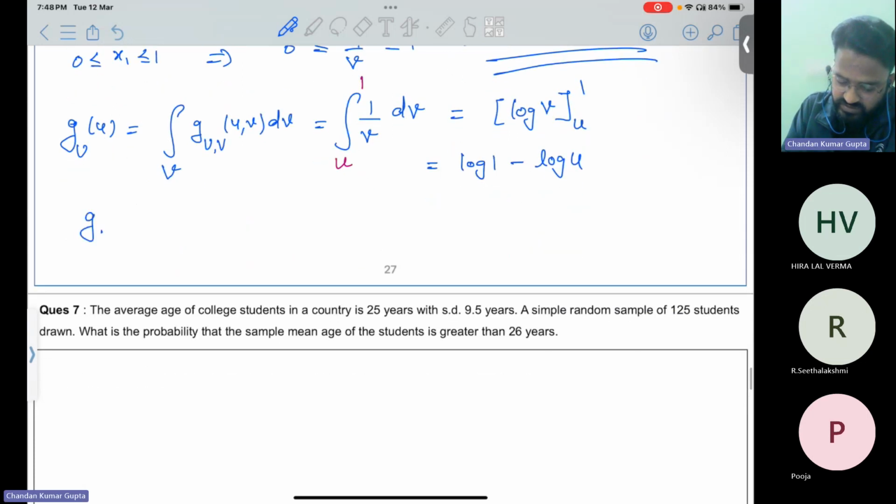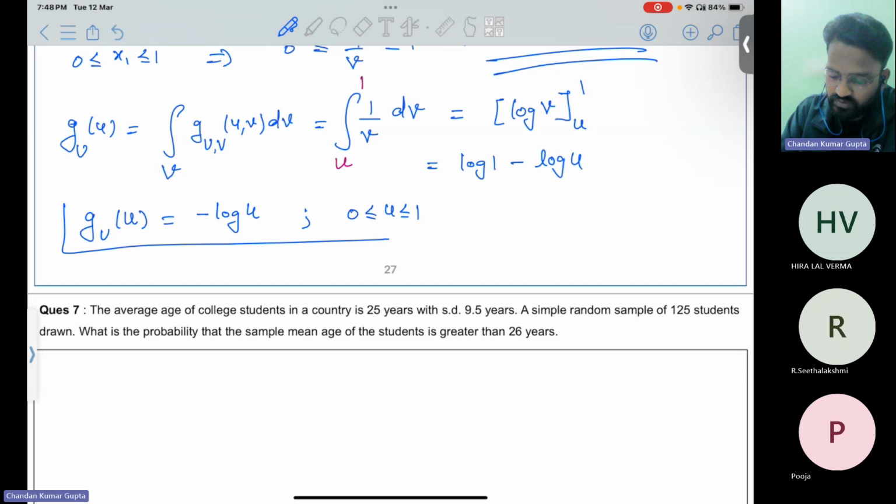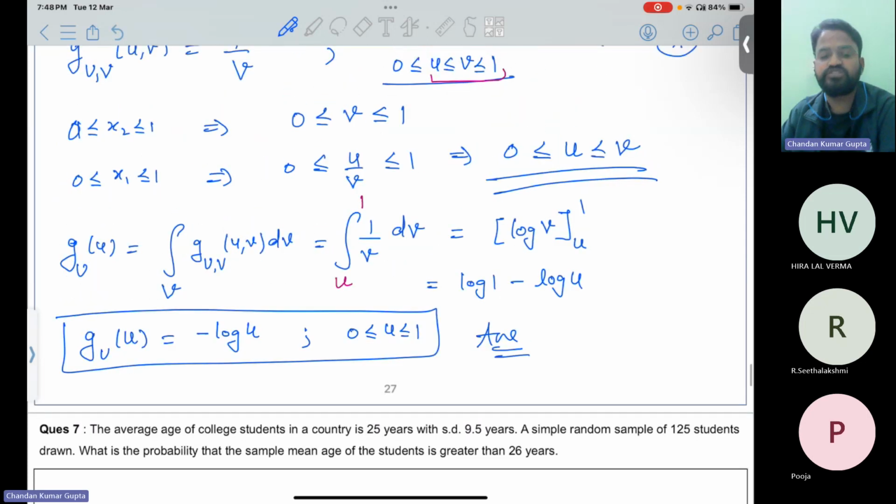So g of u equals minus log of u for u lies between 0 and 1. Clear up to this point?